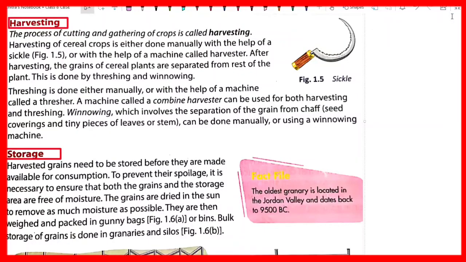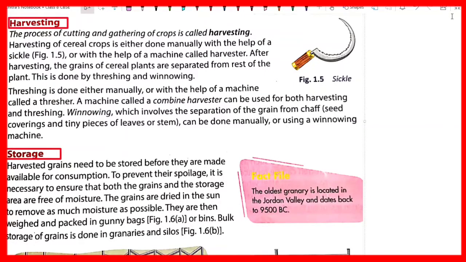Today we are going to cover the harvesting part of our chapter called crop production and management. In the previous session we already covered the different agricultural practices, like preparation of soil: plowing, leveling and mixing fertilizers.